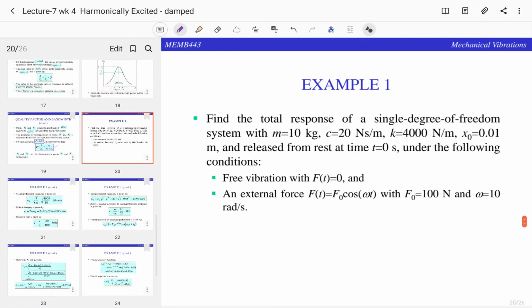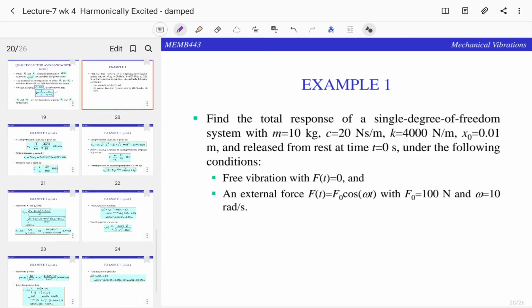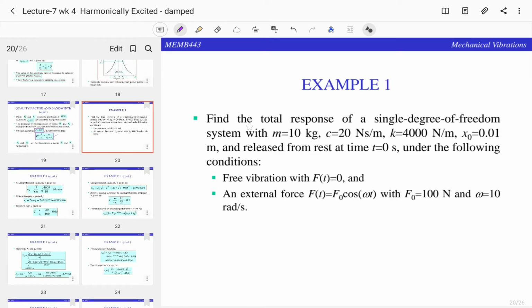Let us take a look at this example. We have example 1 here. In this example, you are asked to find the total response of a single degree of freedom system. If you want to draw it, you have this M of 10 kilogram, your C of 20, and your K of 4 kilonewton per meter.